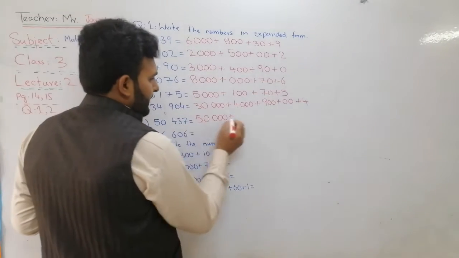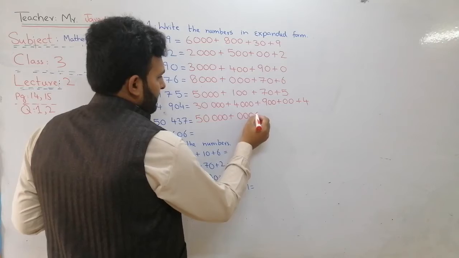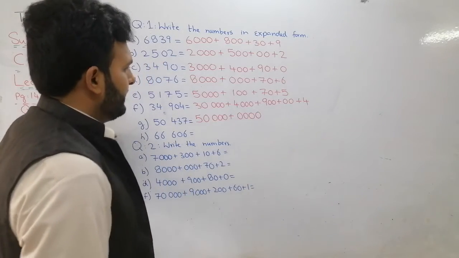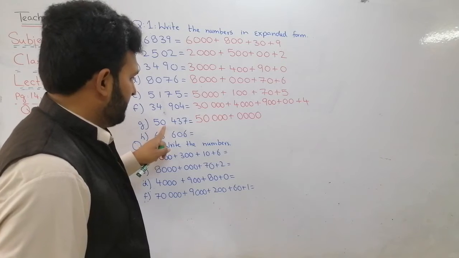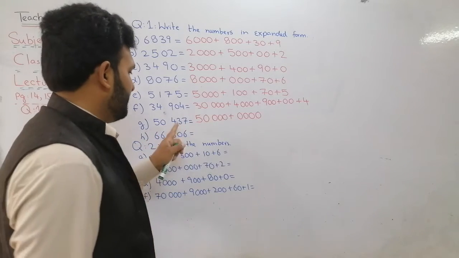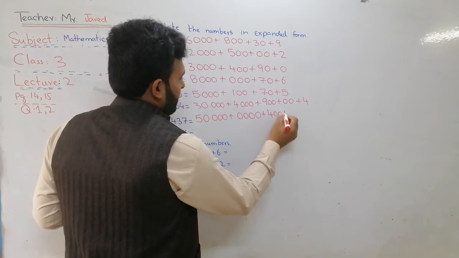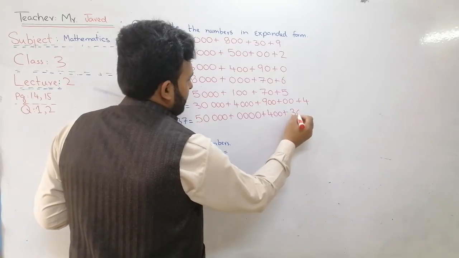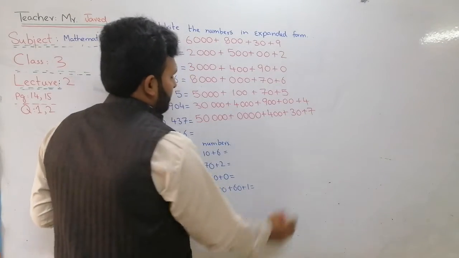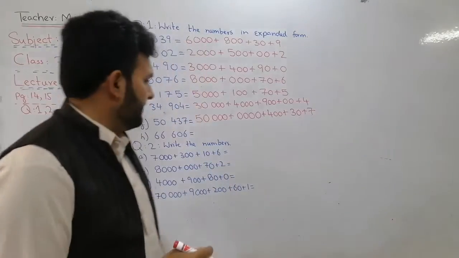This is the thousands place. At the thousands place, we will write 40. Where 1000 place is 0, so we will write 40 at that place, and then 4 is at the 100 place, so 400. After that 3, so it will be 30, and after it will be 7. Clear all the students? Okay.